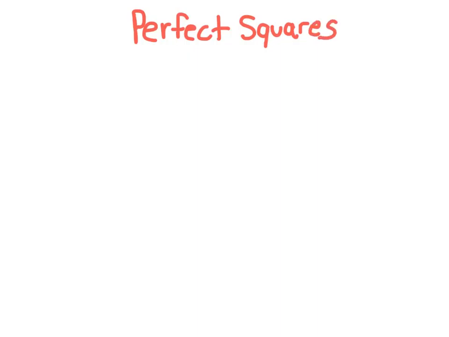Alright, so for your homework tonight, you're going to list the perfect squares starting with the number 1 up to the number 25. So you're just going to make a list where number 1, if you take the number 1 and square it, you get 1.